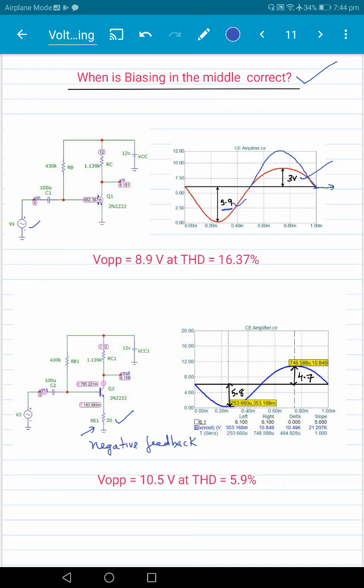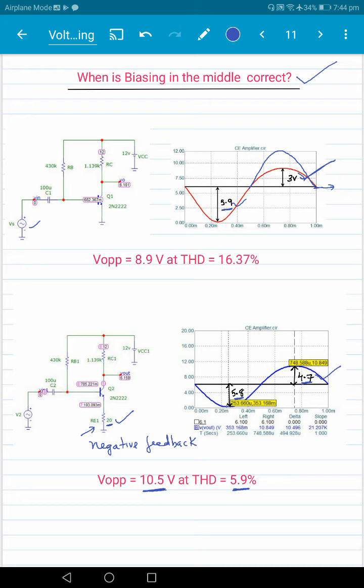So for example, if we put a small resistor here, 20 ohms, with this 20 ohm resistor, when we go on the negative side at 5.8, on the positive side now we get 4.7. Note that earlier it was 3 volt here, now it is 4.7 here, so distortion is considerably less. So we get 5.9% distortion, and the output swing also becomes better here.